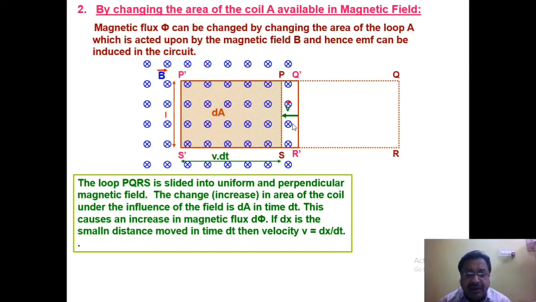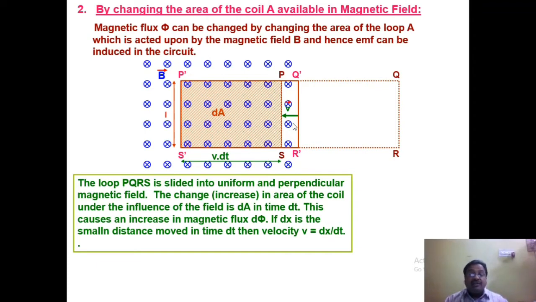The increase in area of the coil under the influence of the field is dA in time dt, and due to this there is an increase in magnetic flux by d phi.